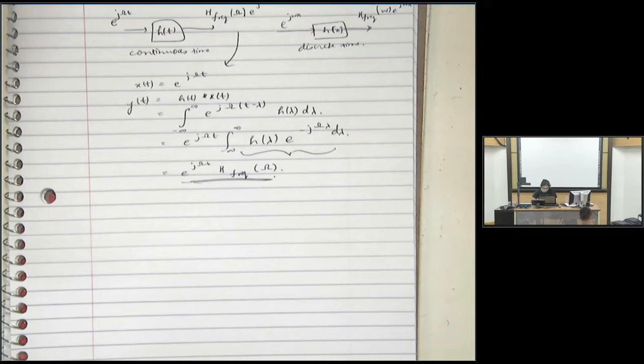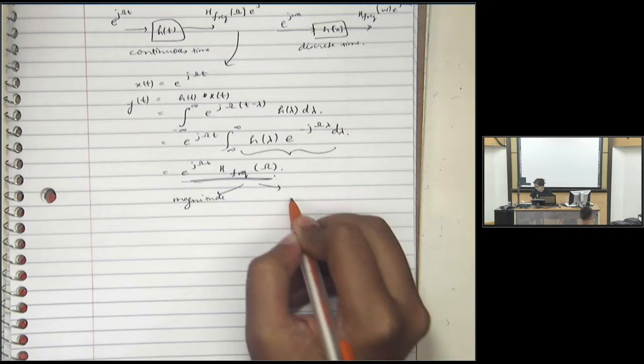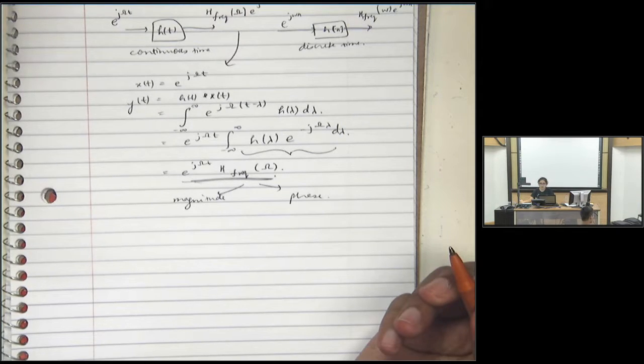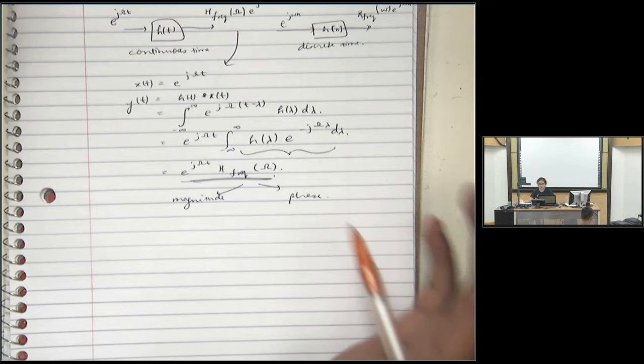All right. Now, whenever we talk about the frequency response, we have its magnitude and phase. Okay. So whenever you are asked to plot the frequency response, plot both the magnitude and the phase. All right.